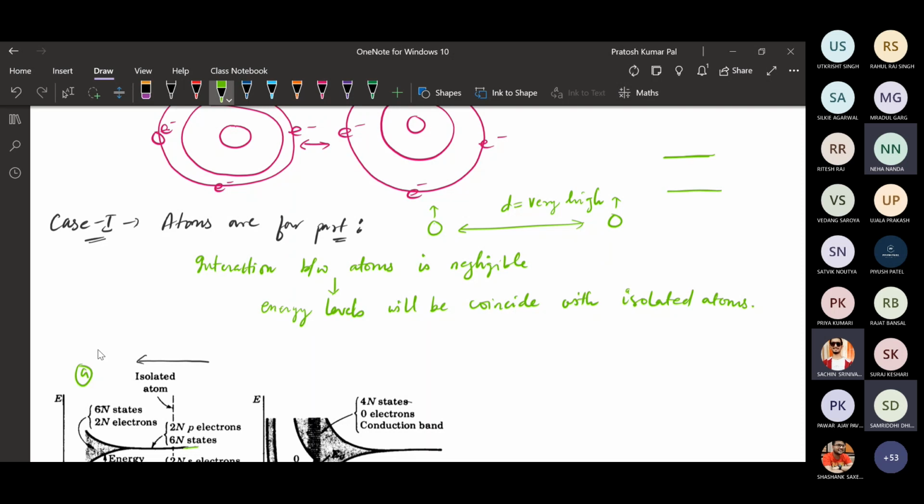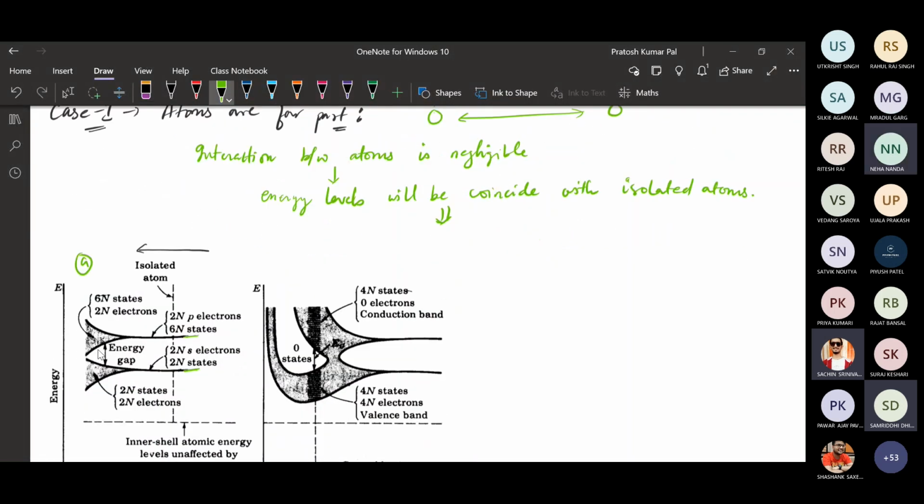Okay, so if these have coinciding energy levels, the coinciding energy level is such that 2n states will be occupying 2n electrons, okay, and 6n possible p states will be occupying 2n electrons, okay.